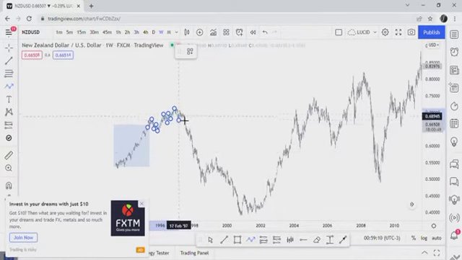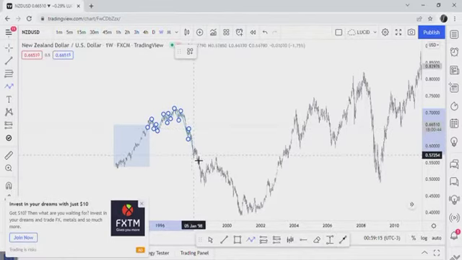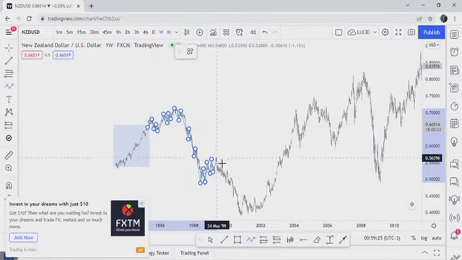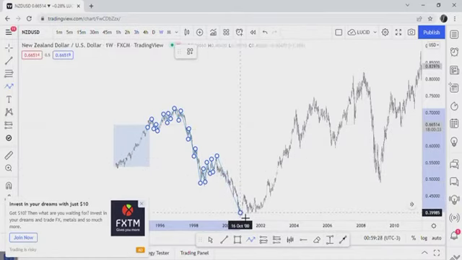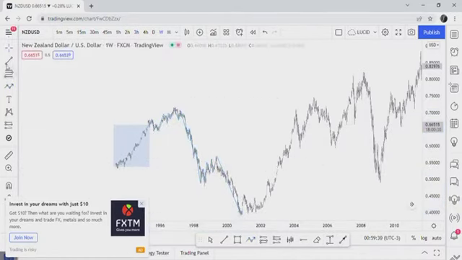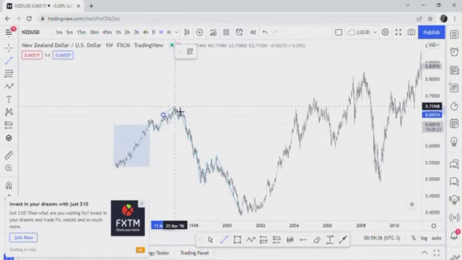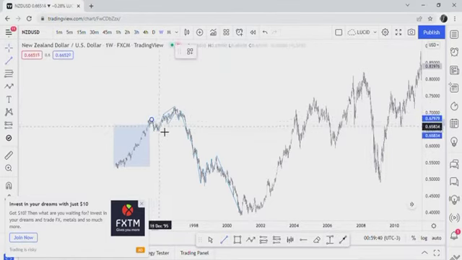Now impulse, correction, impulse, little corrections, impulse, little corrections, impulse, huge correction, right? Huge correction for another huge sell-off. Just take a look at this. Right, so this is just it.